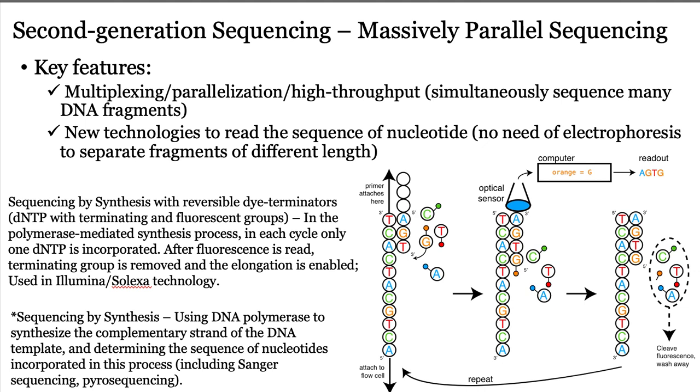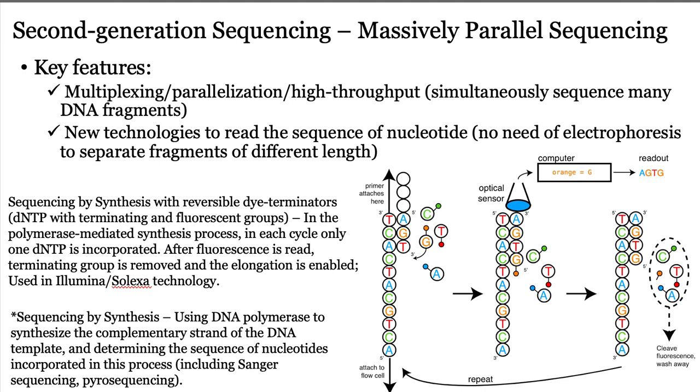But the key success factor in this technology is the reversible dye terminator. These are dNTPs with specific modifications, so they have a terminating group and a fluorescence group. The terminating group is reversible. Once that dNTP is incorporated, you can no longer elongate that DNA. It's the same as the ddNTP we mentioned in Sanger sequencing. The difference is that ddNTP is not reversible.